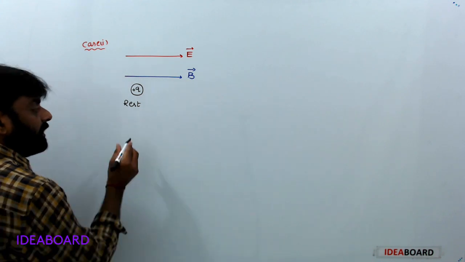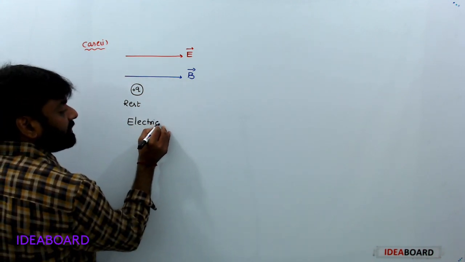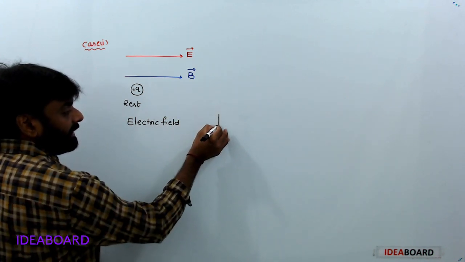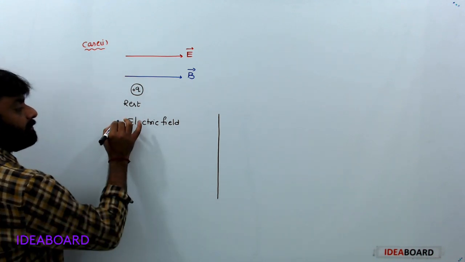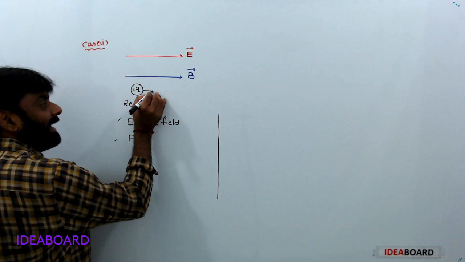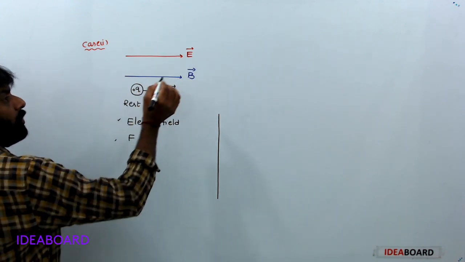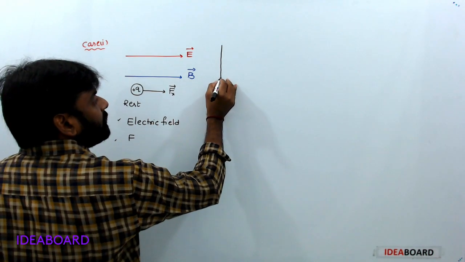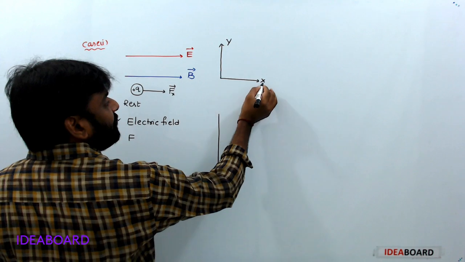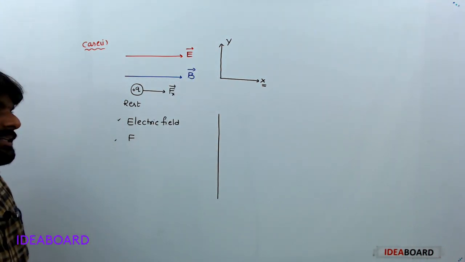First of all, the electric field influence. The electric field is along the x direction, and the magnetic field is also along the x direction.